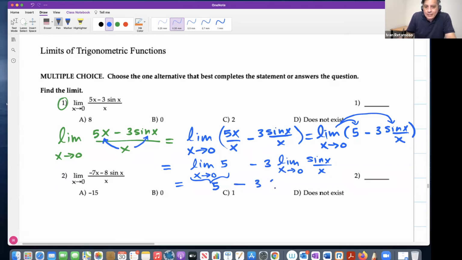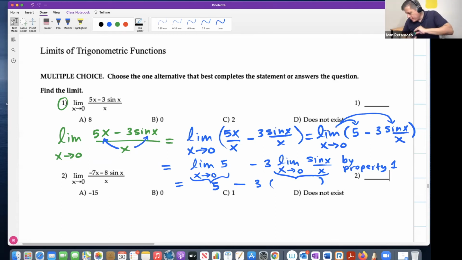3 times what? What is this part? Anybody? The limit of sine of x over x. Hint, follow property 1. By property 1, what is this? The limit of sine of x over x. Anybody in the chat, please? Yeah, very good, guys.